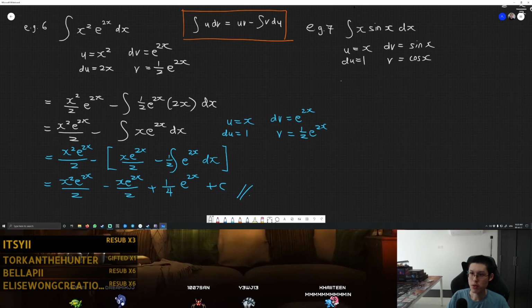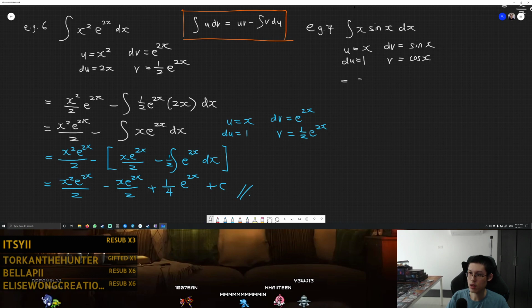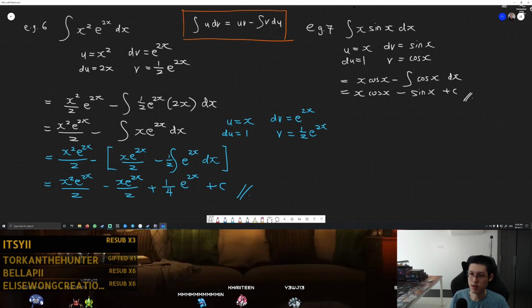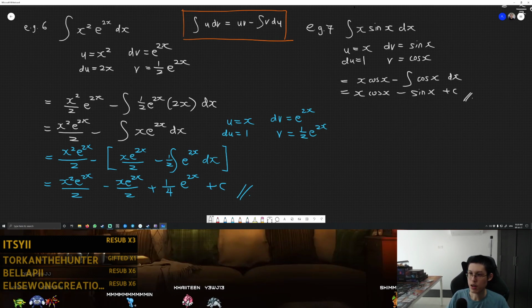Okay, so putting in our formula, we get uv, which is negative x cos x, minus v du. So we end up with negative x cos x plus the integral of cos x. Integrate cos, we get sine, plus c. And done. There we go. Easy peasy, right? Okay.